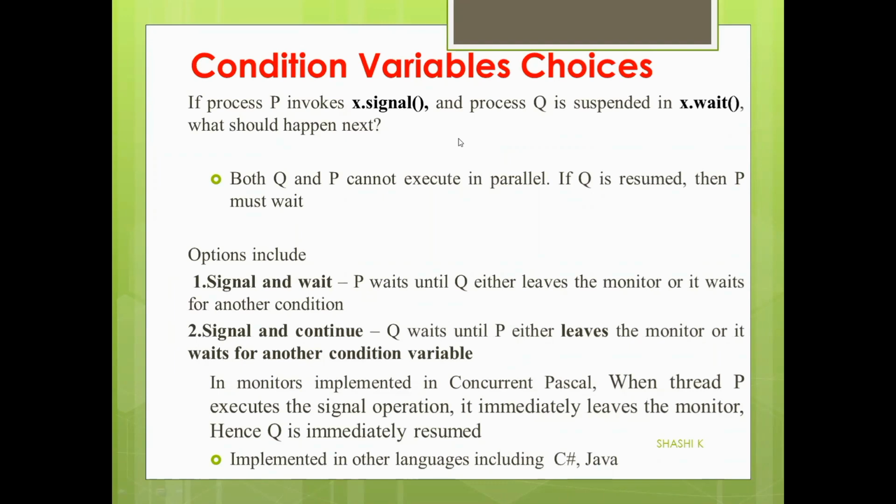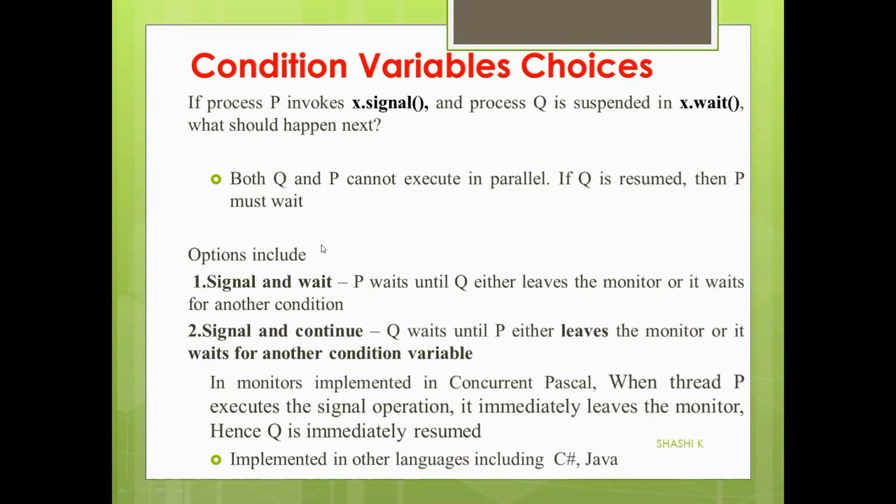So there are two choices here. If P issues X dot signal of and Q has been waiting for the condition variable X, whether Q is allowed in and P should come out, or whether Q will wait until P comes out. That is one question here.